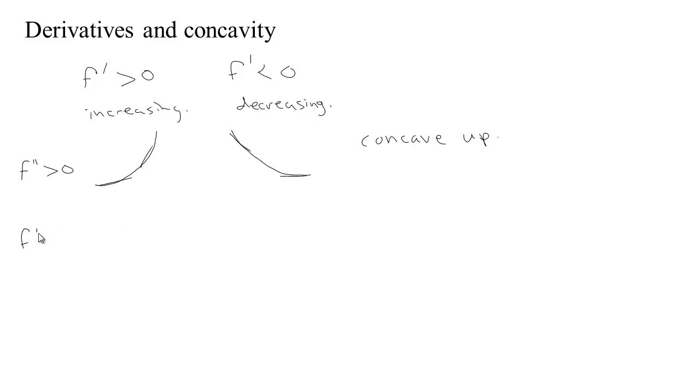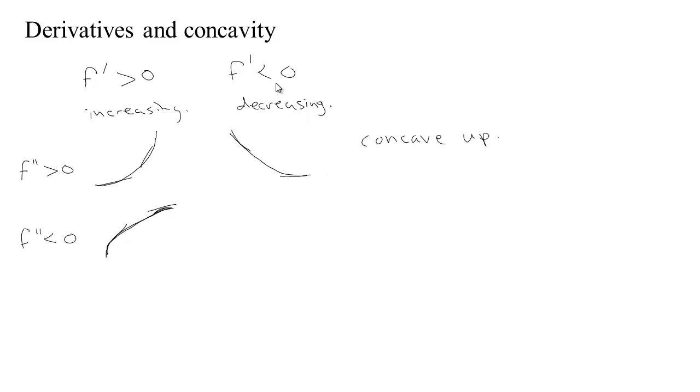On the other hand, if the second derivative is negative, then you're going to be concave down. Like in this case, if the first derivative is positive and the second derivative is negative, you're moving up, but you're moving up more and more slowly. So if you have extreme slopes to begin with, you'll have less slope later on. So the graph is going to be bent down like this.